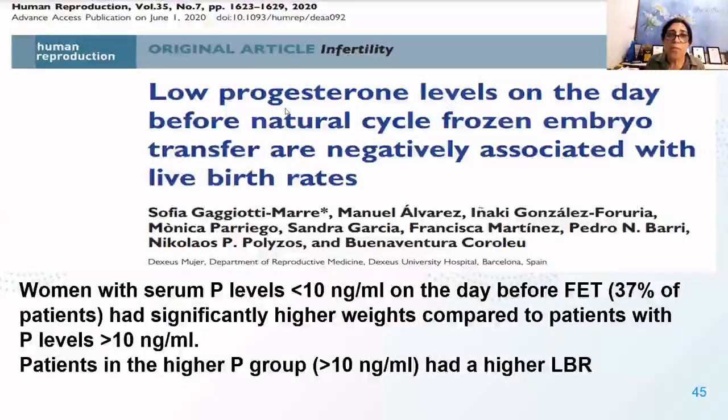So this was also proven again in natural cycle frozen embryo transfer. What they did is that 1 day before an embryo transfer in natural cycles, they checked the progesterone levels, and in 37% of the patients, the progesterone levels were less than 10 nanograms. And in these patients, the pregnancy rate was much lower compared to the patients who were greater than 10 nanograms.